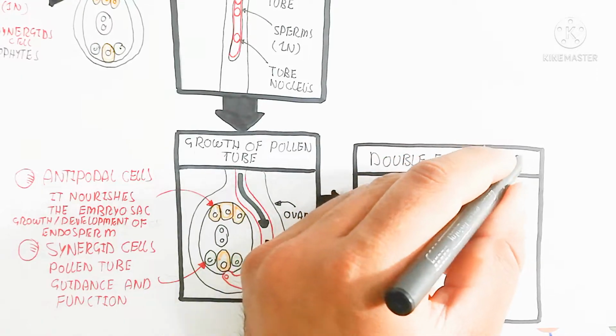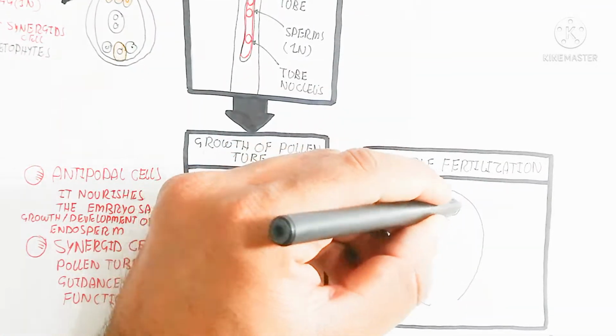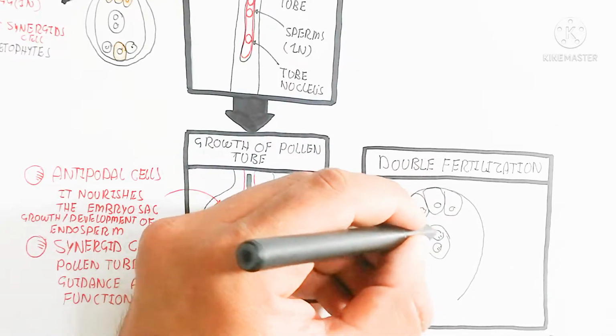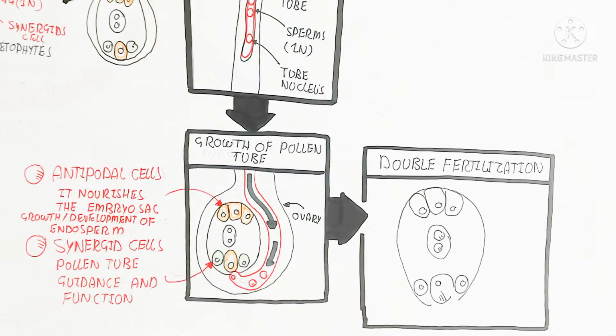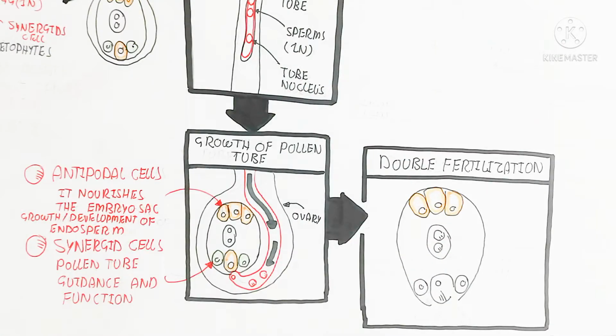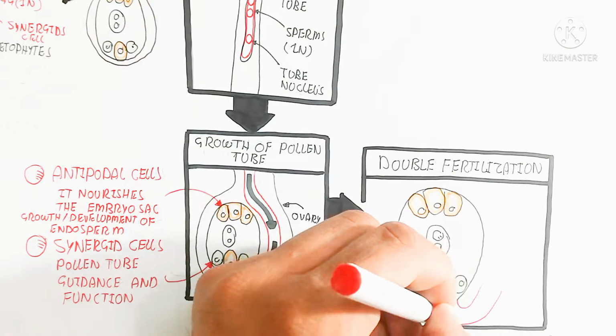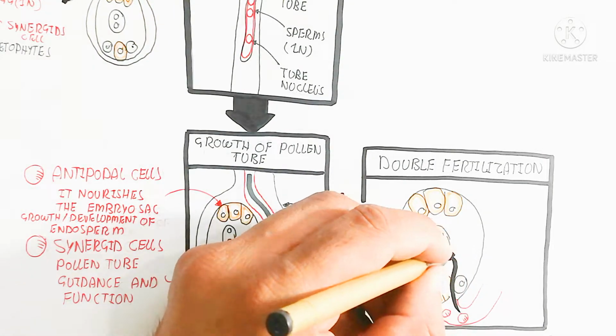One is the pollen tube nucleus, which is used for the pollen tube formation. But here you can see the egg cell, and this is the antipodal cell, and these are the synergids. And in this way the pollen tube accesses the egg cell, which will bind to form the zygote.